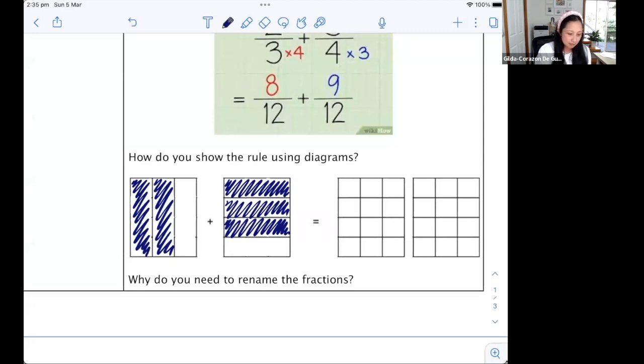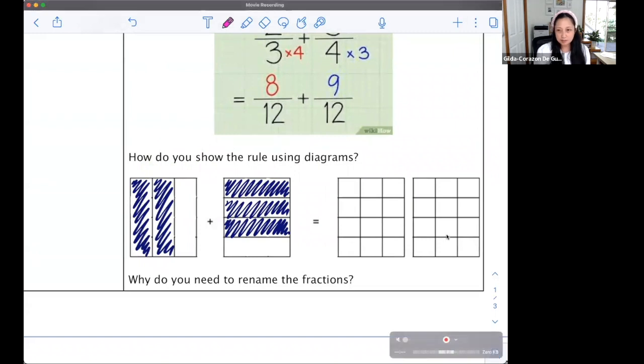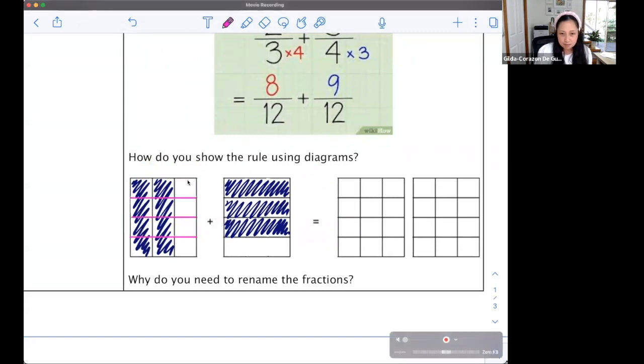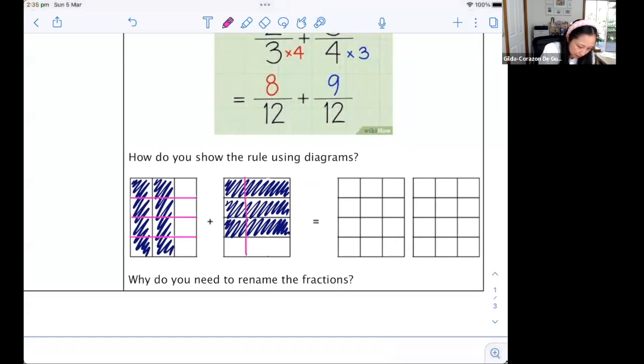But if we want to add them and put them together into this diagram here, I could divide them into equal parts so that they're the same size as this one, which would be the same as on the other whole. So I'll make these divisions here.